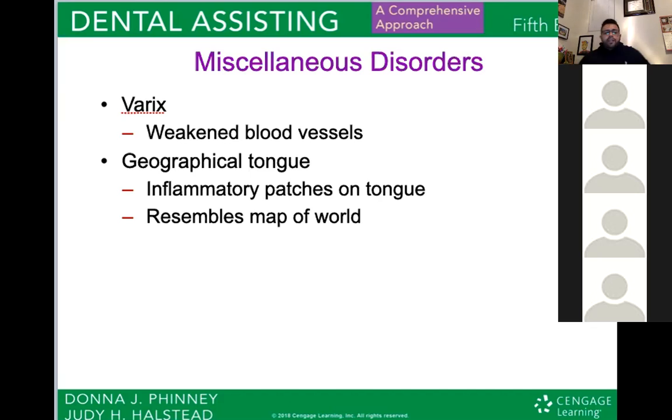It almost looks like raised geographic areas, like a 3D-ish picture of a map with all the different topographies on it. There's nothing wrong with it. A lot of times these geographical ranges will change over time, and the tongue will often appear like it's changing shape constantly.